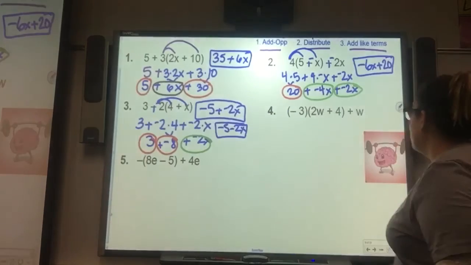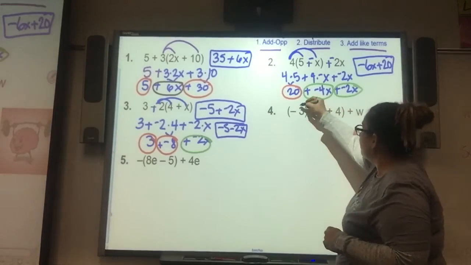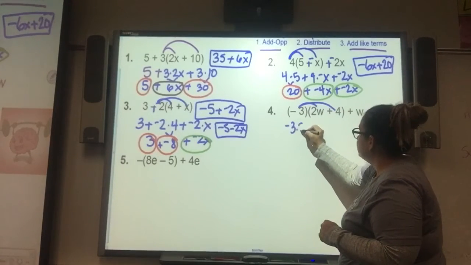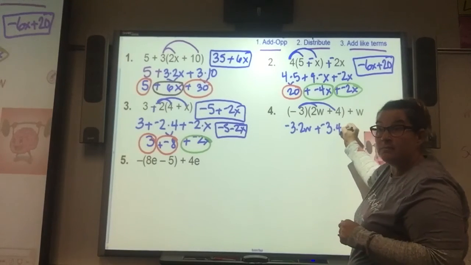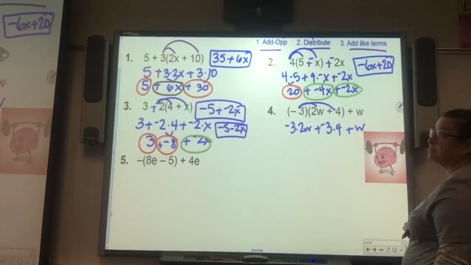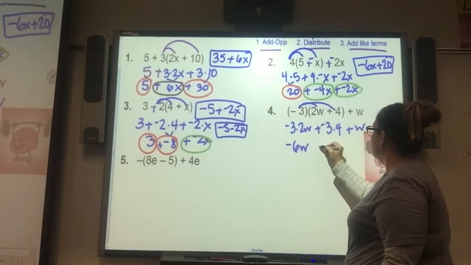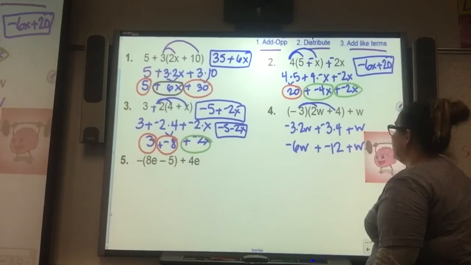All right, number 4. Again, we want to distribute first. Negative 3 times 2w plus negative 3 times 4 plus w. So negative 6w plus negative 12 plus w.